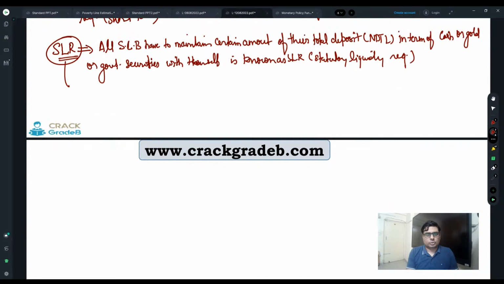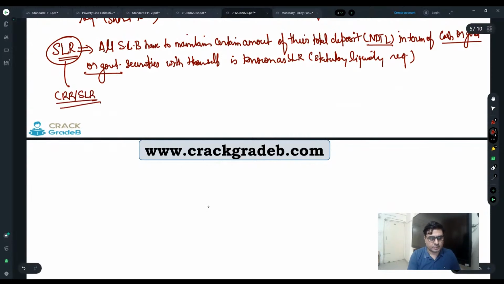So SLR. I have just explained here that all scheduled commercial banks have to maintain a percentage of their NDTL in the form of cash, gold, or government securities, right? That is known as SLR. So what is the basic difference between CRR and SLR? Some students were asking about that in the last class.